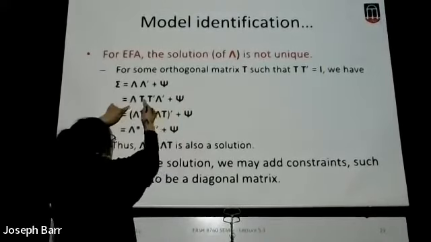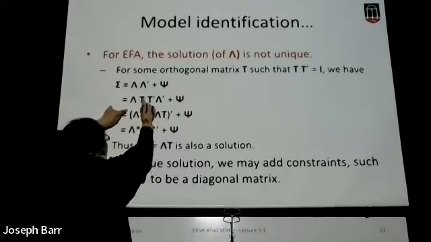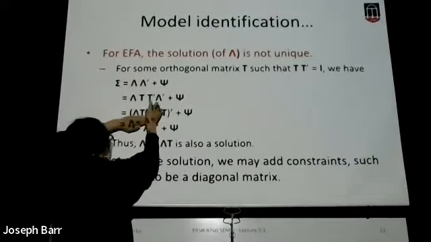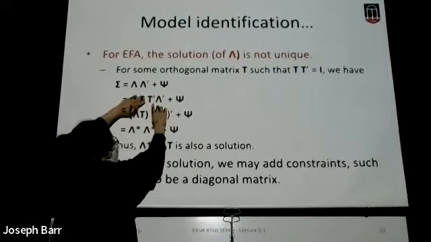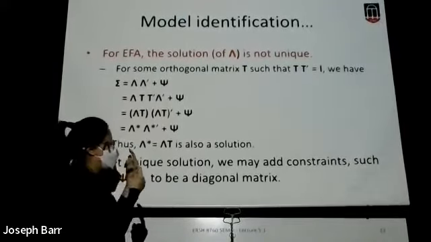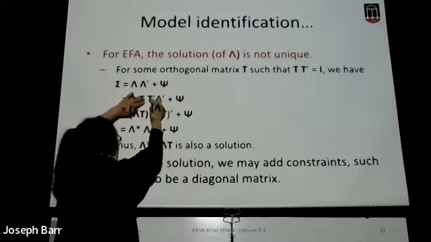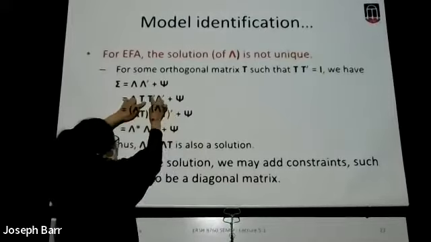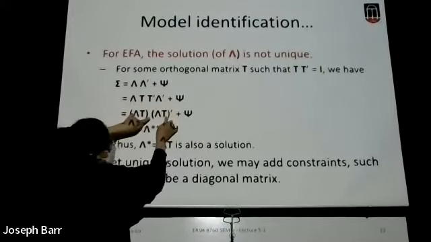How? We can combine lambda and T together. And the T transpose times lambda transpose, thinking about the transpose rules, is just lambda T transpose. This is the rule of the transpose.